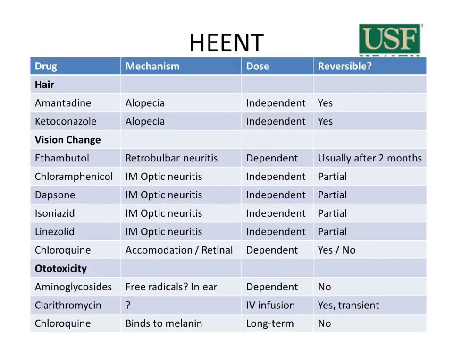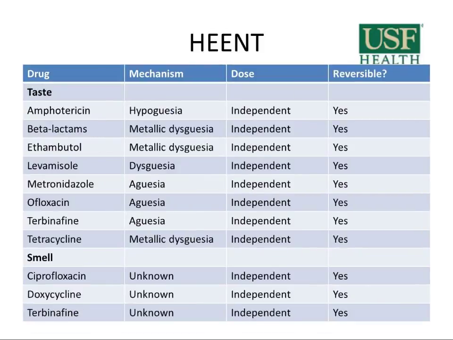Some, like maybe amantadine causing loss of hair, are lesser known. Not really a drug we use very often anymore, and not necessarily a severe side effect, but still there. Flagyl can cause ageusia. I didn't even know ageusia was a word. Spell check didn't know it either.